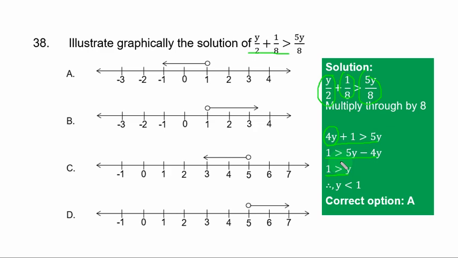Therefore, if 1 is greater than y, then y is less than 1. Now, when you have a strict sign of inequality, what you use is an open dot. So all the options have open dots. Now, less than 1 means the arrow will point towards your left, where you have numbers less than 1. So A is the correct option.